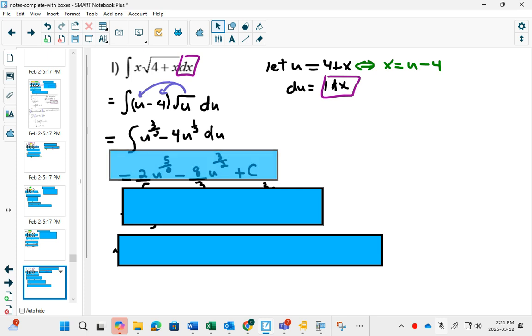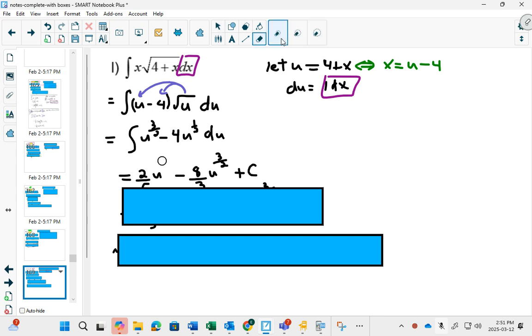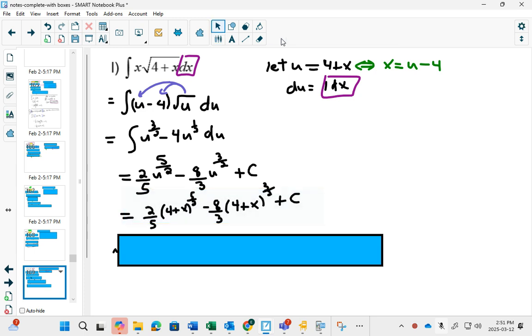Because we just add 1 to the exponent and divide. My numbers are looking terrible there, I'm sorry. I will make them readable. I think you can see that's 3 over 2. And then when you add the exponent, you divide by that. I already simplified. Then you substitute back in, and wow, look at the original function.